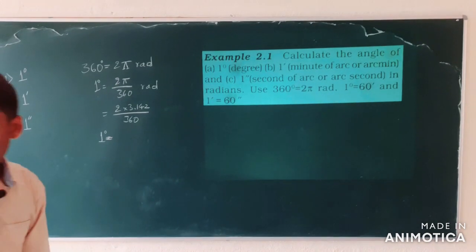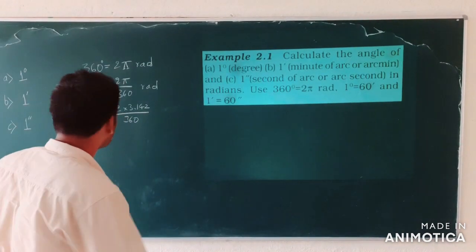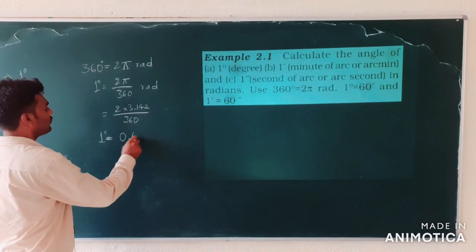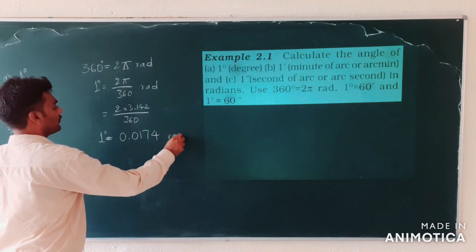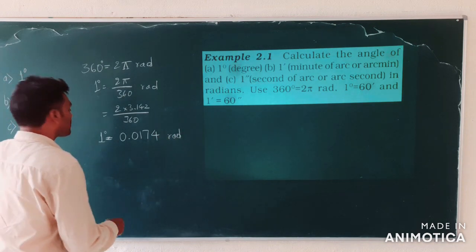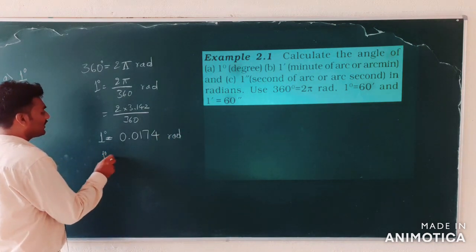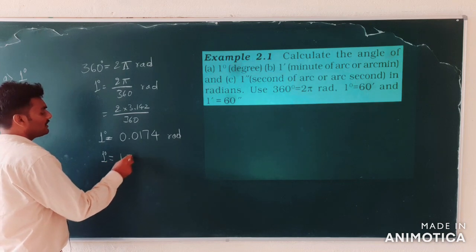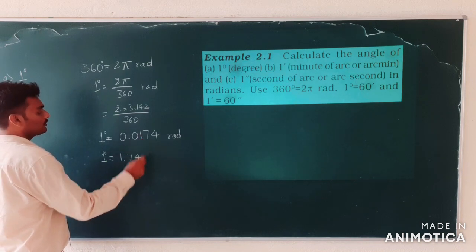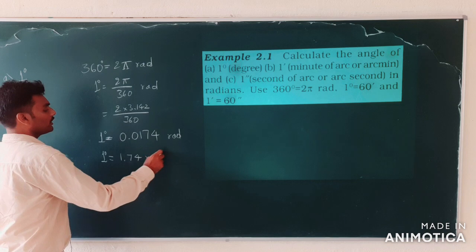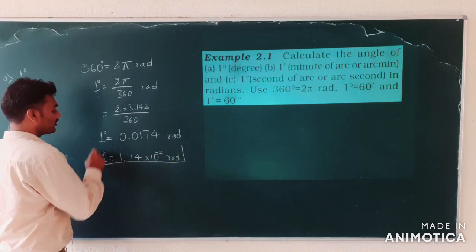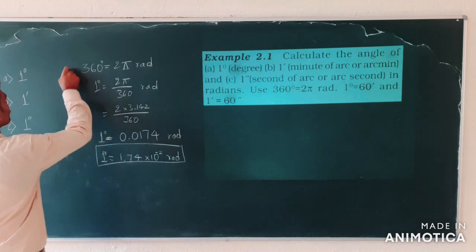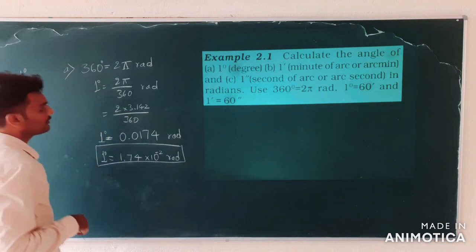It's going to be 0.0174 radians, which can also be expressed as 1 degree is equal to 1.74 into 10 to the power of minus 2 radians. That's it. Very simple solution for the question A.